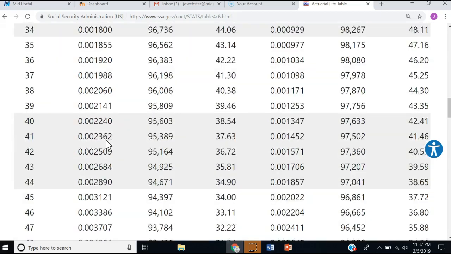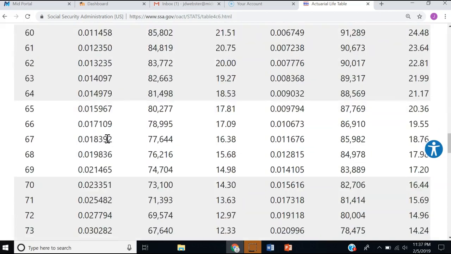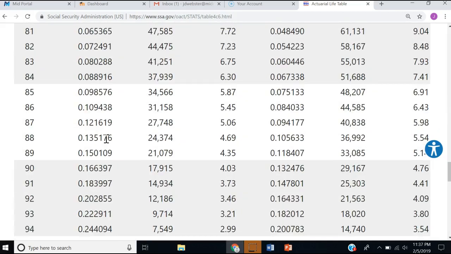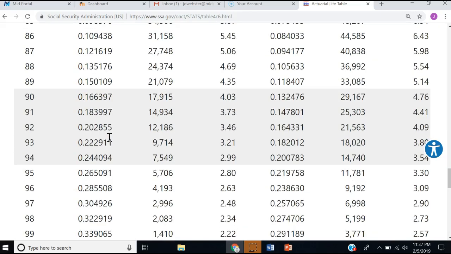Once you get into the really high age groups, your probability of dying that year becomes pretty high, right? If you get to the age of 95, you have about a 26% or 27% chance of dying if you're a male, about a 22% chance if you're female, okay?